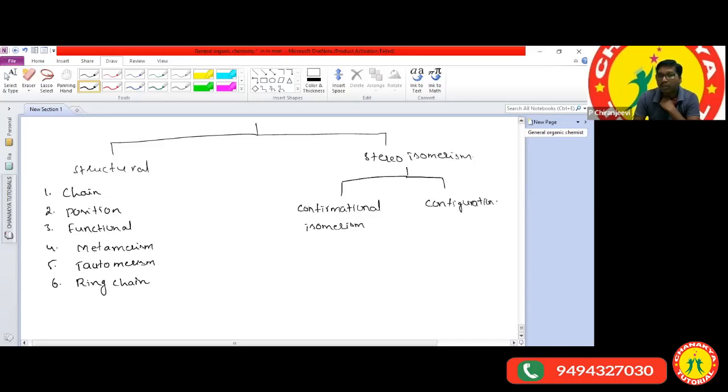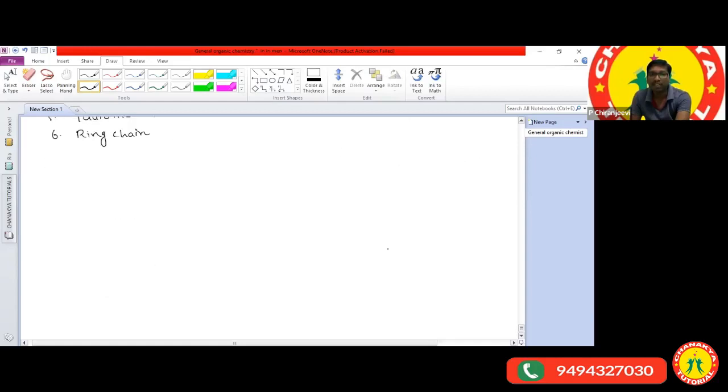So in this, first we can check structural isomerism. Under structural isomerism, we have different types of isomerism. The first one is chain isomerism. First we'll discuss structural isomerism.